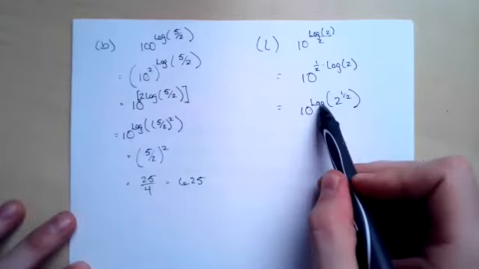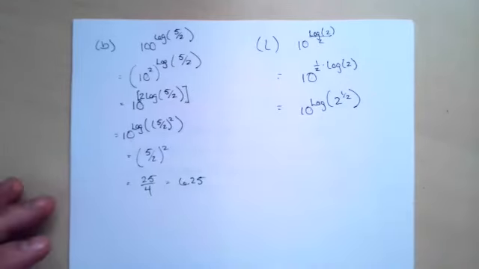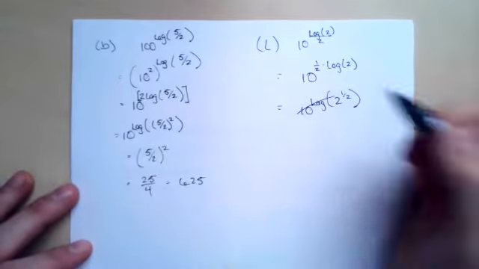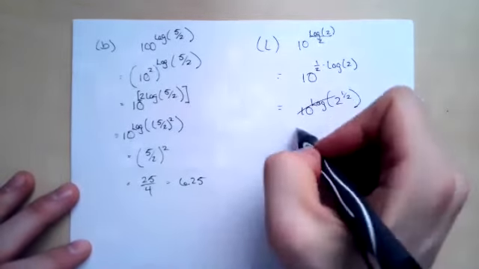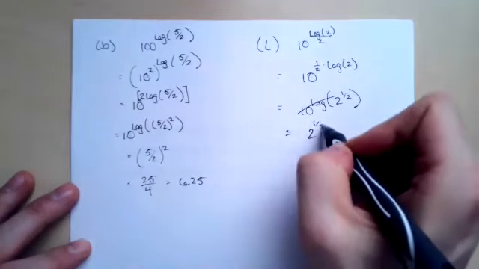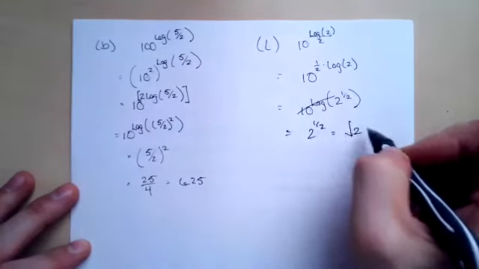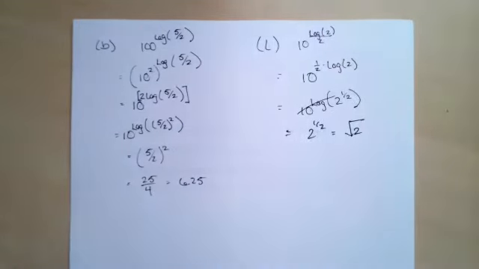Now the 10 and the log, same base, directly working next to each other. Those will cancel, and we are just left with 2 to the 1/2, or square root of 2. Any questions on that?